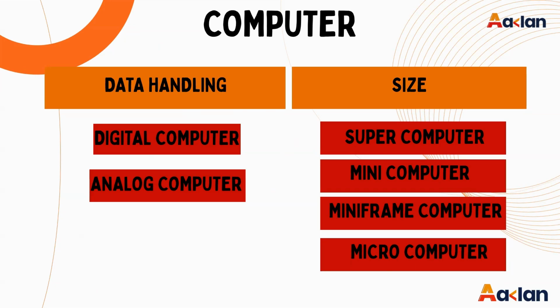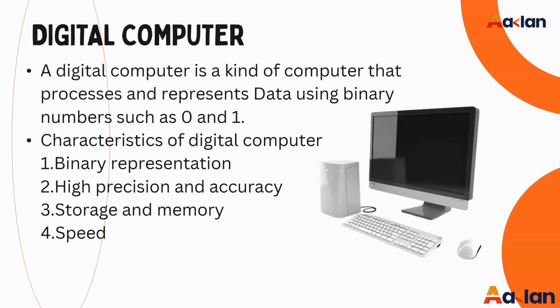So, now we are moving on to the next slide: digital computer. Digital computer is a system that processes and represents data using binary form or binary numbers, right? What is binary form? Binary form means 0 or 1. It represents data in the form of 0 and 1. Simple characteristics of digital computer are binary representation, high precision and accuracy, storage and memory, and speed, right?